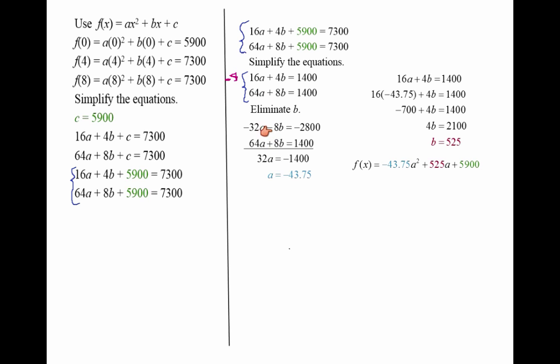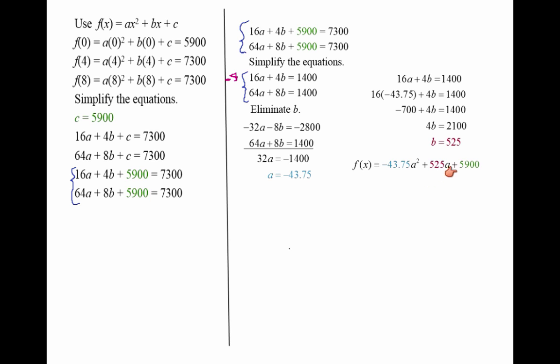Notice that I make the coefficients of b opposite of each other. If I simply add these 2 rows, the b cancels and you can solve for a. Once you find a, you can substitute that back into either of these 2 equations. Put it back into the first equation and solve for b.